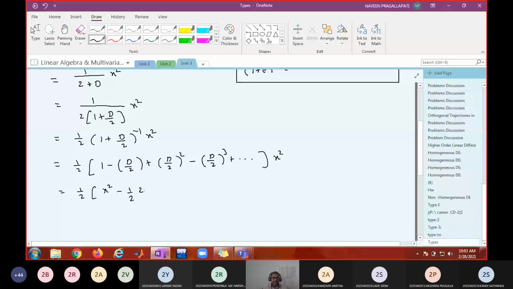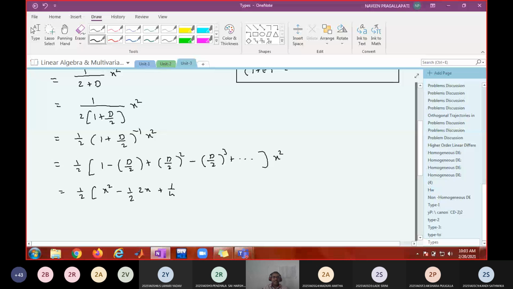Okay, plus 1 by 4 of d square. What is d square of x square? D square means 2 times derivative. What is d square of x square? 2. Minus 1 by 8.